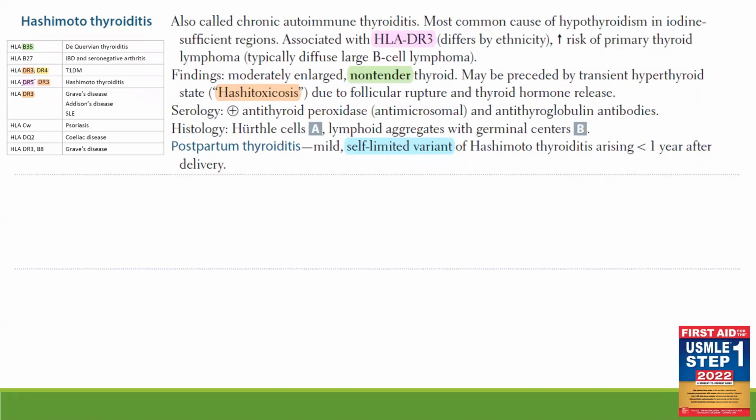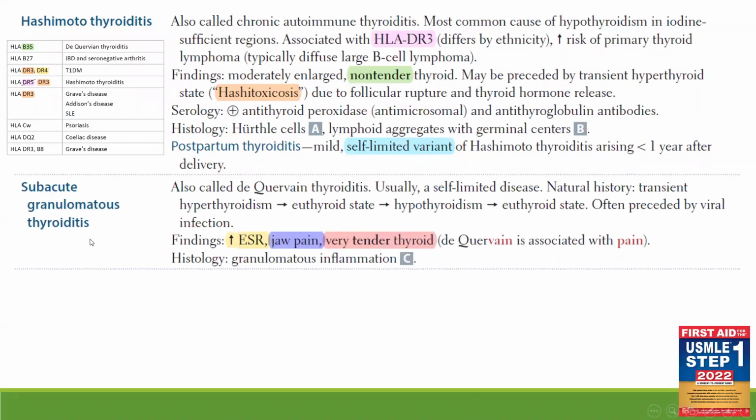Hashimoto thyroiditis is a non-tender thyroid enlargement, rarely presenting as hashitoxicosis, with low TSH and elevation of thyroid hormone, but later on the patient presents with hypothyroidism. Postpartum thyroiditis is a mild self-limiting disease, and most patients with postpartum thyroiditis return to euthyroid within a few months.